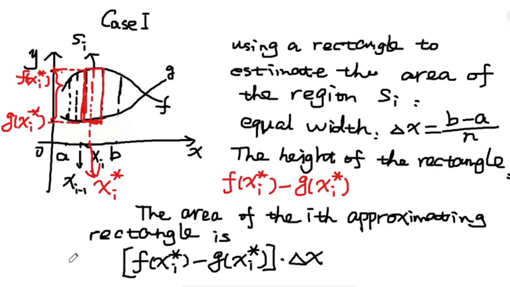If we use n approximating rectangles, that will be the summation with index i starting from 1 to n, and we can let n approach infinity, and that becomes the area of this whole region S. So this directly shows that the height of each rectangle will be the difference between the functions f and g.